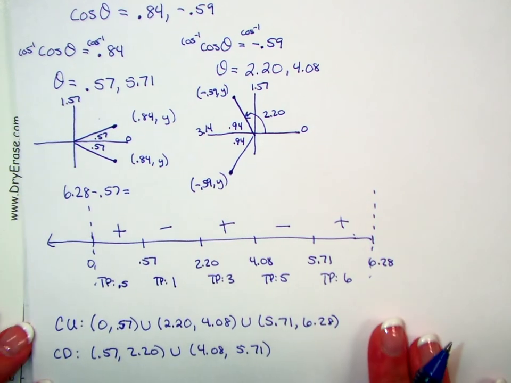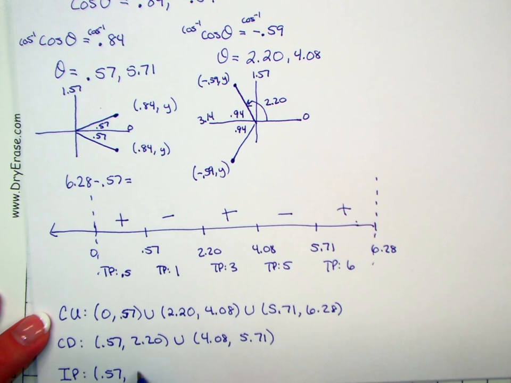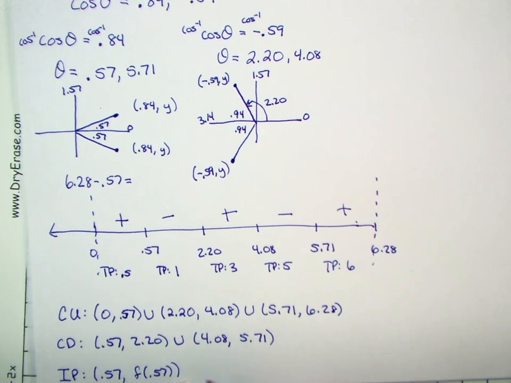And then if it changes concavity, we know that's an inflection point. So we have an inflection point at 0.57, f of 0.57, so you can plug that into your calculator to find the y value.